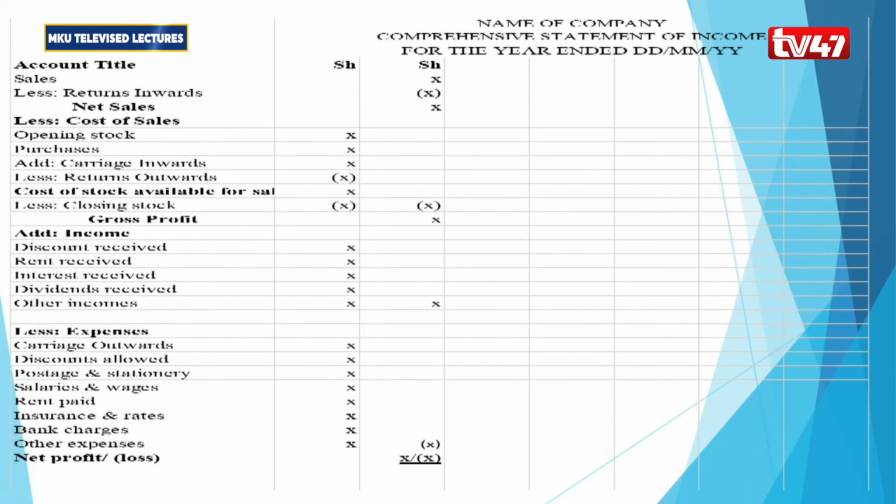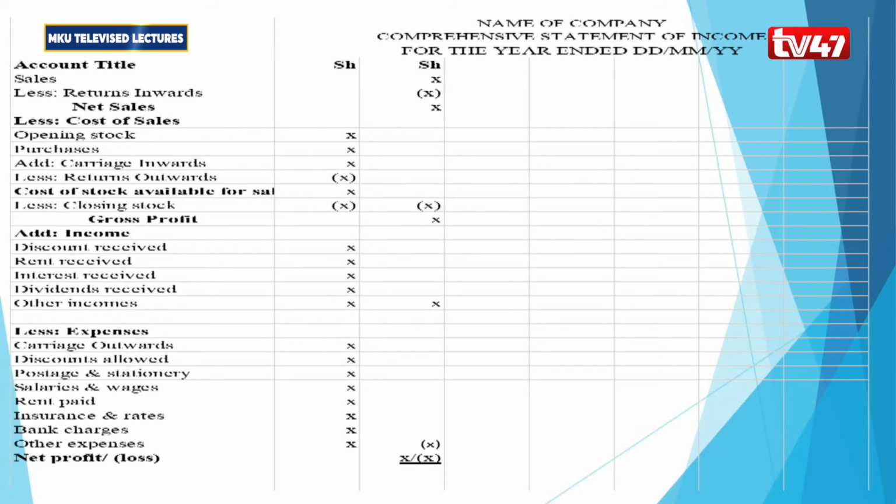Next, we have rent. Rent could either be, of course, rent paid as a result of having occupied a certain premises. If not that, you've probably leased out a godown or a warehouse for storage facilities.